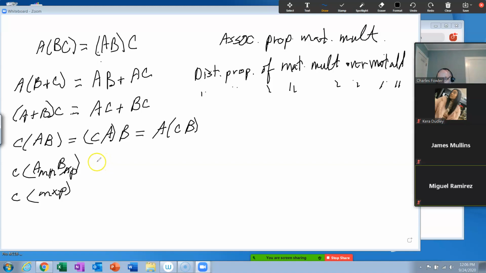This will produce an M by P: this is an M by N, and this is an N by P, and you can certainly multiply those together and get an M by P, and the C will still be multiplied.